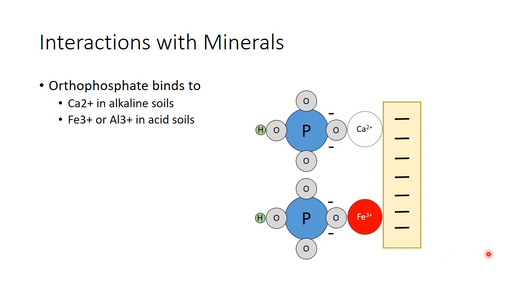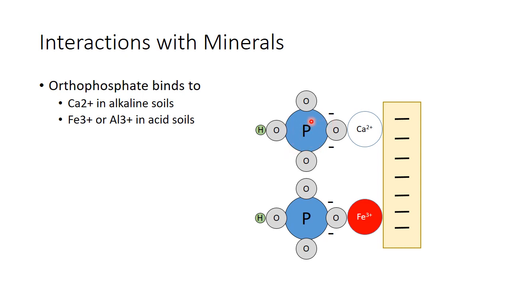Now, how phosphorus binds to the minerals in the soil, oftentimes they'll use things that we call a cation bridge. So these cation bridges, if you imagine here we have a negatively charged clay mineral, and we have a negatively charged HPO4 2 minus, or orthophosphate.